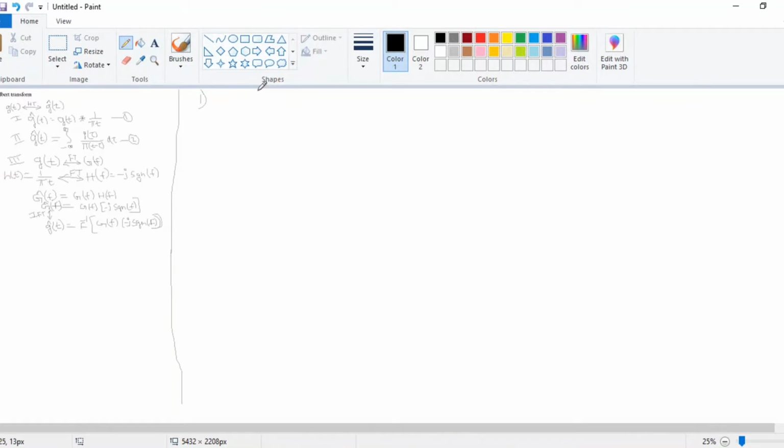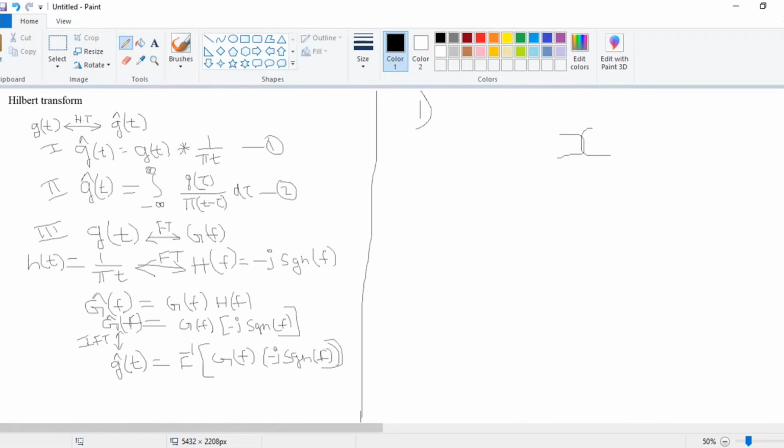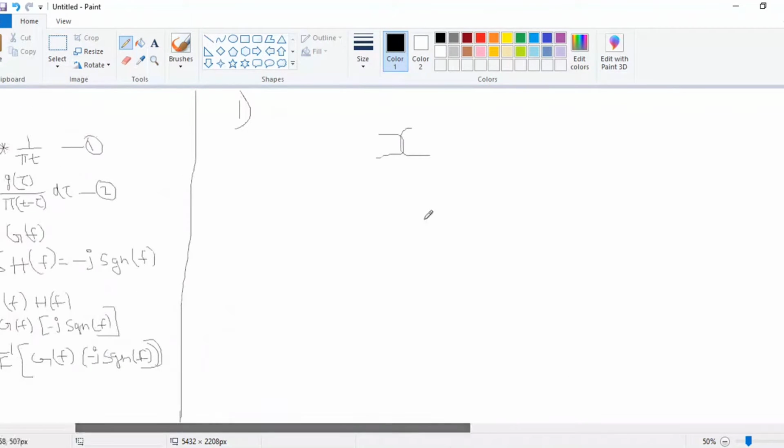So the first problem, note down the first problem. Find the Hilbert transform of x of t. Hilbert transform generally you can just write as H dot t. H dot t indicates Hilbert transform.